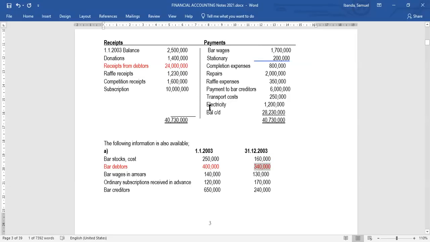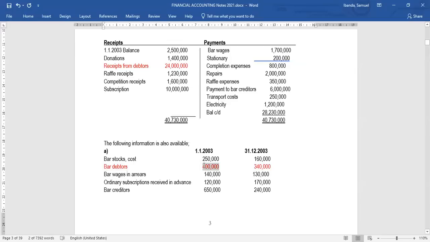So what we are going to basically do, of course, you can do simple, you can analyze it from here, where you say that, okay, if I started with 400,000 in terms of, let's say, my debtors, if I received 24 million, definitely you remove this 400,000 that was outstanding at the start of the period, because these debtors relate to the previous period, okay?